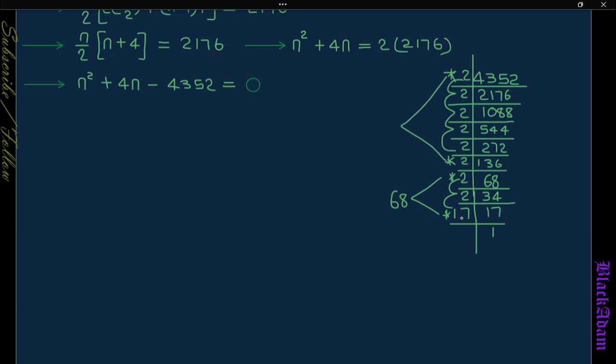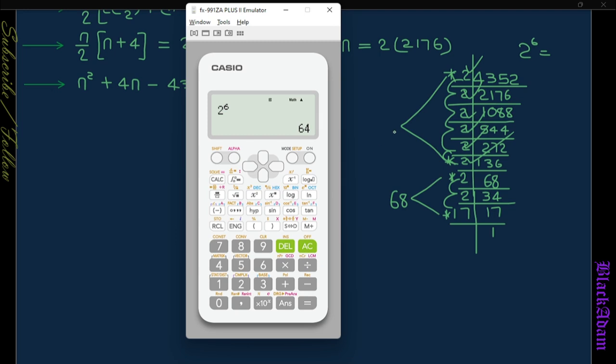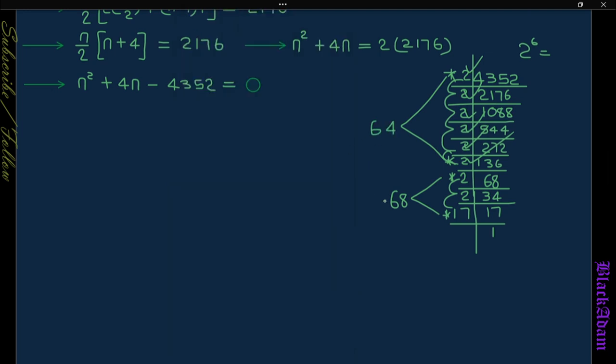It's 2 to the power 6, which is 64. So that's positive and negative, because we need positive 4. So that's going to be n squared plus 68n minus 64n minus 4352 equals 0.